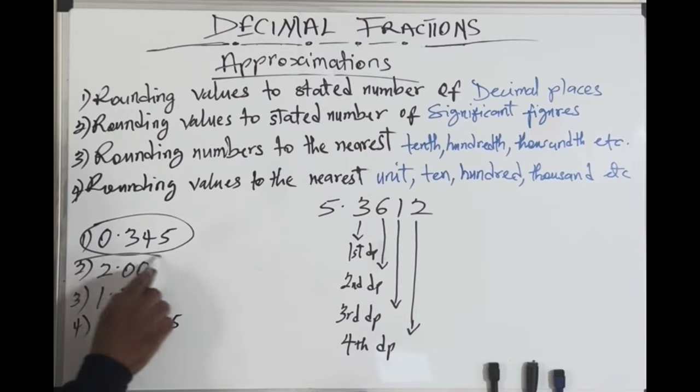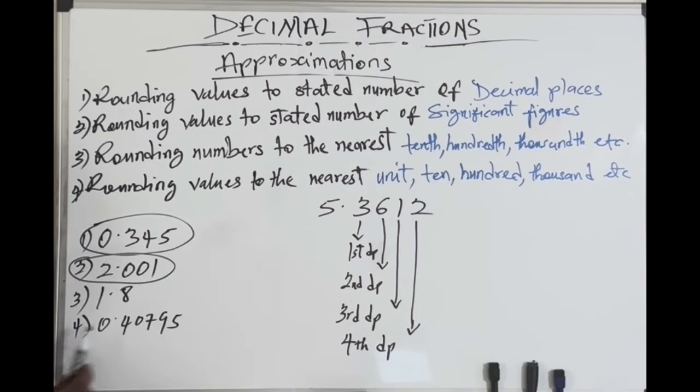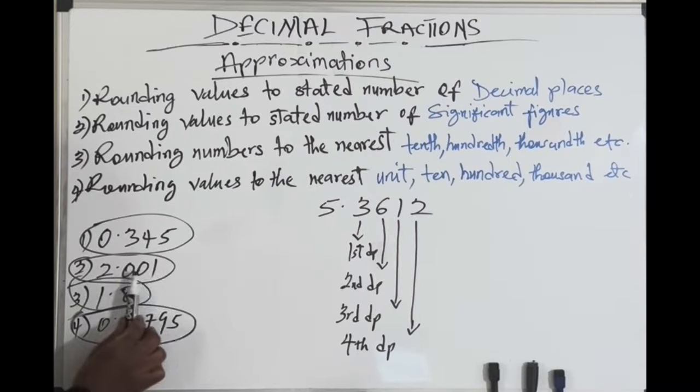The same thing applies here, but this has 1 decimal place. So 1.8 is said to have only 1 decimal place, and then 4.0795 is said to have how many decimal places? 1, 2, 3, 4, 5. 5 decimal places. We don't count from right to left. We count from left to right. So 3 decimal places, and then 5 decimal places.